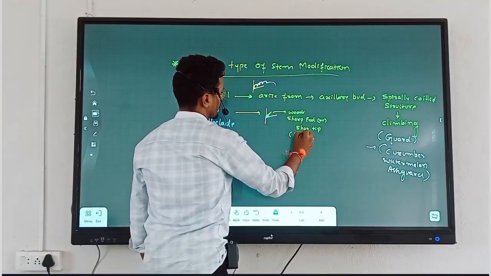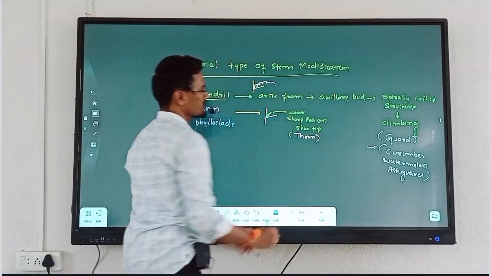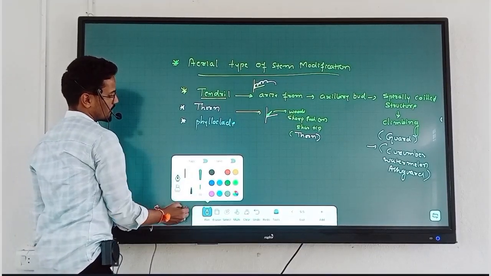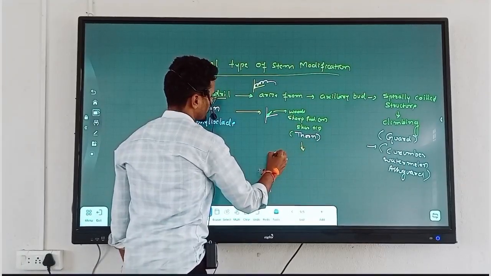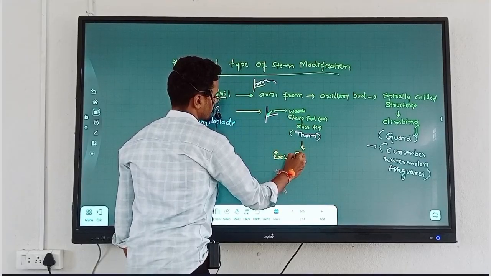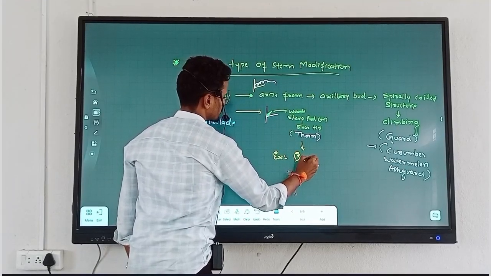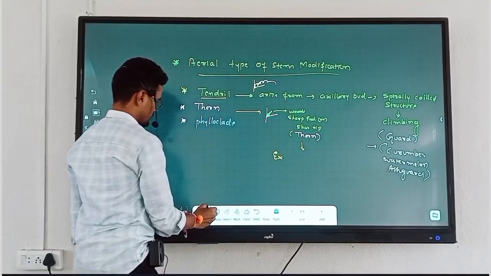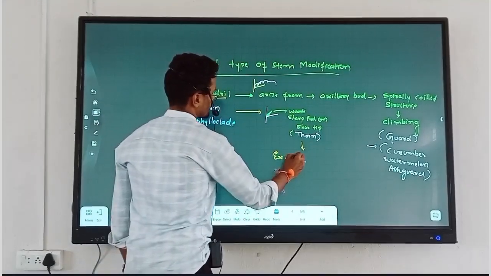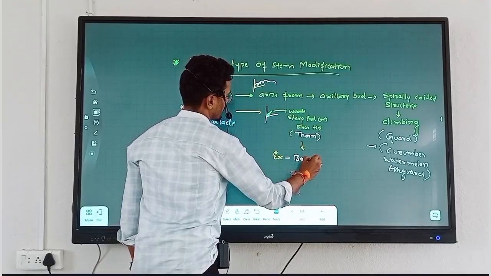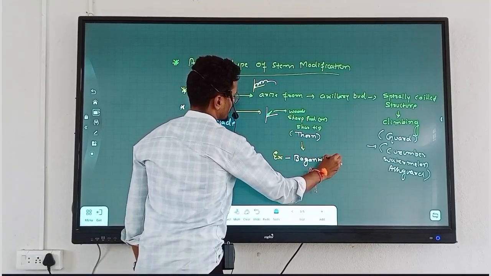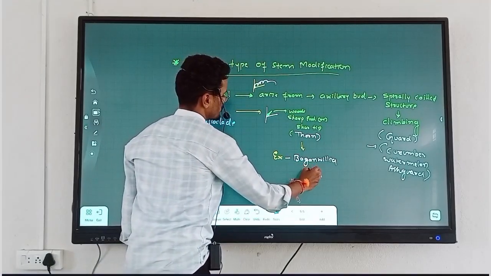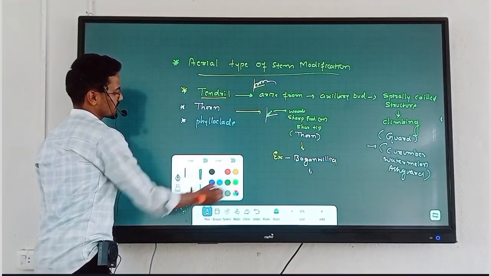This type of arrangement we properly see in bougainvillea. In the NCERT they have mentioned an example, that is bougainvillea. Here we see this thorn structure.